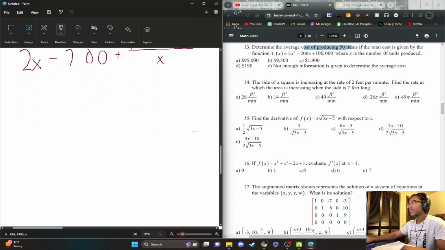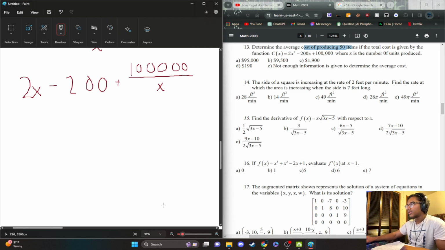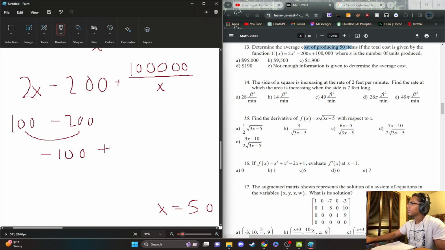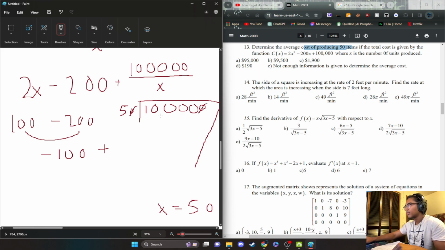Now let's plug in the 50, because that's our value for x. You have 2 times 50, which is 100. 100 minus 200 is negative 100, plus 100,000 divided by 50. Let's take out a 0 because they are both divisible by 10.